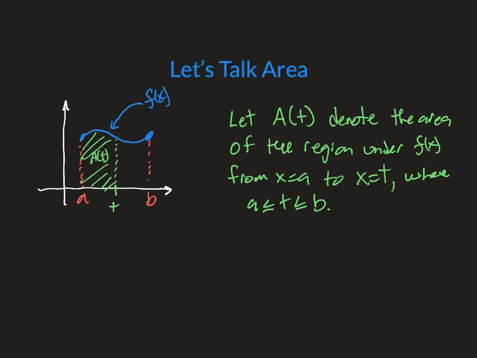So here we are back at that slide, and let's make a note of the things we noticed when we were looking at the Desmos. First of all, if we set t equal to a, in other words, I move this t all the way back over here so it's on a, there's no green area. So that implies A of a equals 0. Now, we know that we can use definite integrals to represent area.